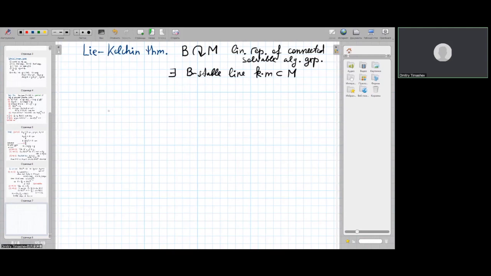So if we apply the Lie-Kolchin theorem to our situation, then we can find an eigenvector for B in the second space M2. Let us choose this vector, say Q2, an eigenvector for B in the space M2 of some eigenweight lambda.